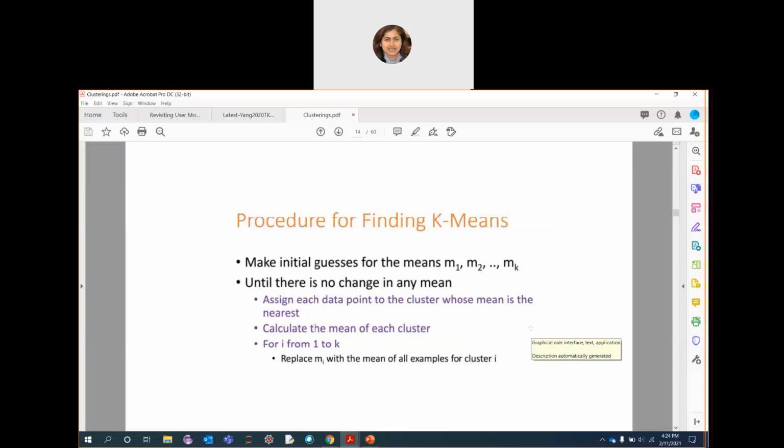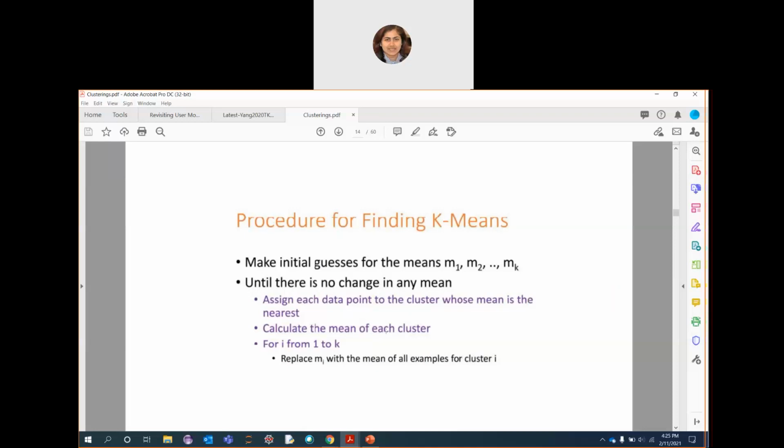When you find the distances between the centroids and the points, you always have to find the smallest distance, and that determines which cluster the point belongs to, looking at the centroid of that cluster. After that, you need to calculate the mean of each cluster again. These M1, M2, Mk values will change.